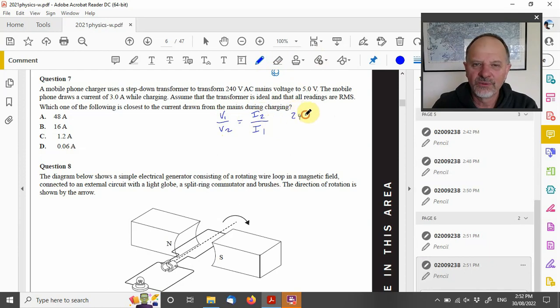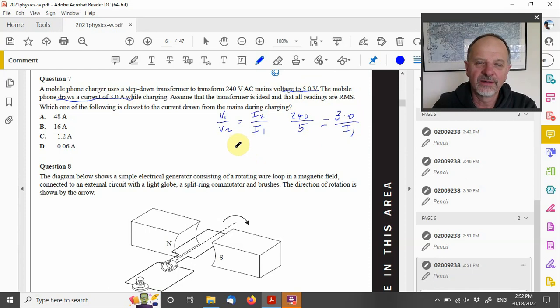It goes 240 to 5 volts. The mobile phone is what the 5 volts is going into, over current 1.